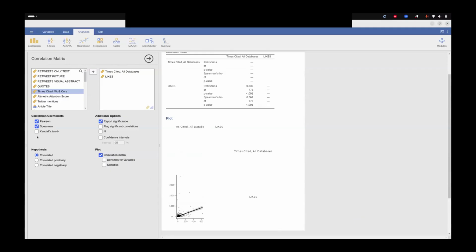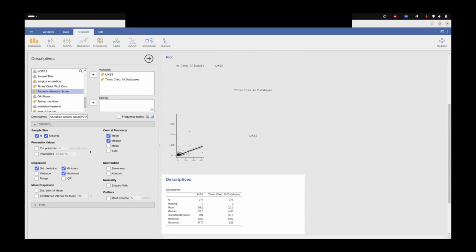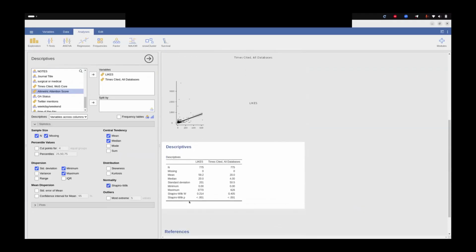To check which one I should have used, I should go on descriptives, and I should put there likes and times cited, and then I should look at some statistics, including a Shapiro-Wilk test, which, as you can see, is statistically significant.